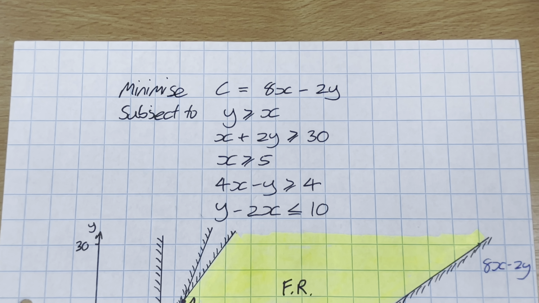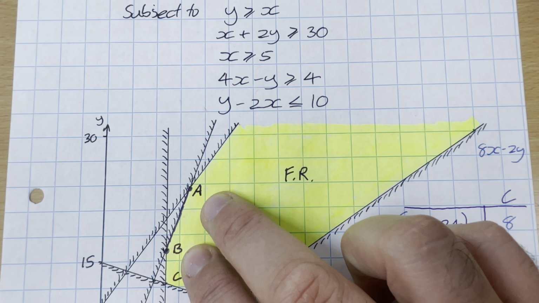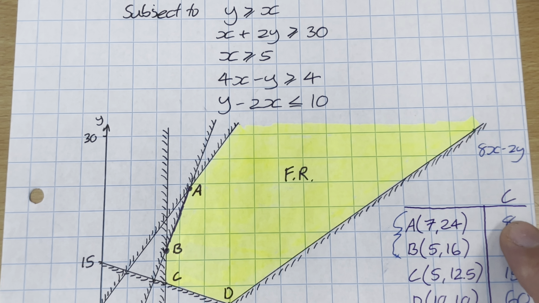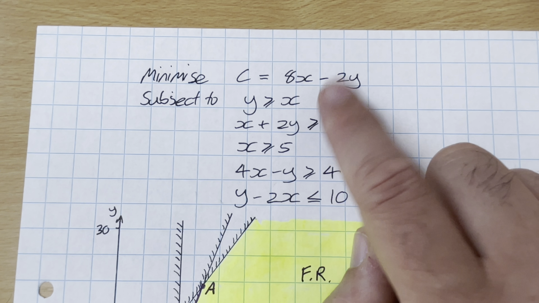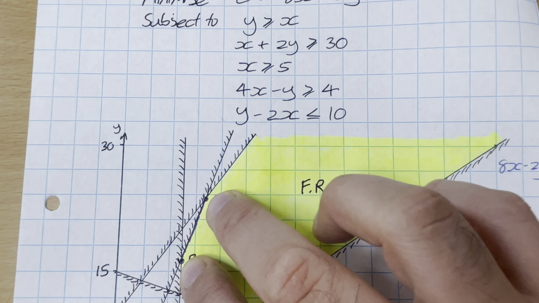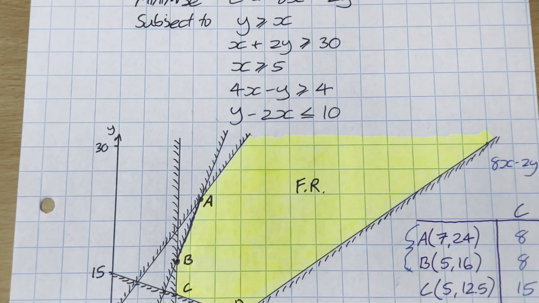So the converse is true. If 2 points both give the same objective value and that's optimal, then the objective line is parallel to that constraint, and you use that knowledge to find a coefficient.